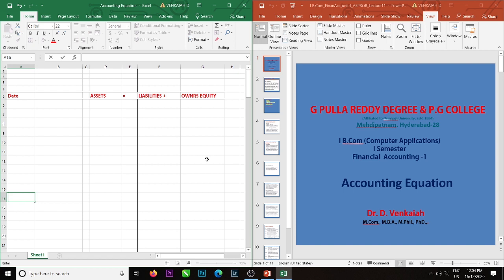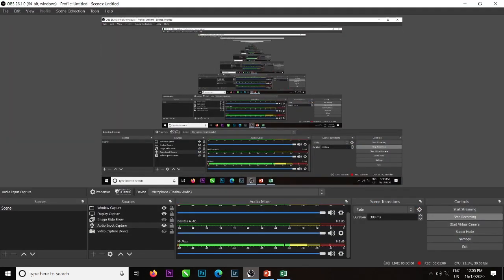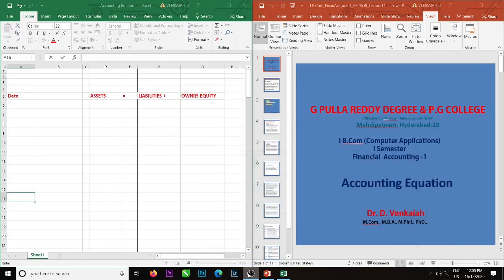I hope all of you from a commerce background can easily understand assets, liabilities, and owner's equity or capital. Those who do not have an accounts background feel it very difficult to understand what are assets, liabilities, and owner's equity. That difficulty we may overcome in physical class, whenever the physical classes are active.